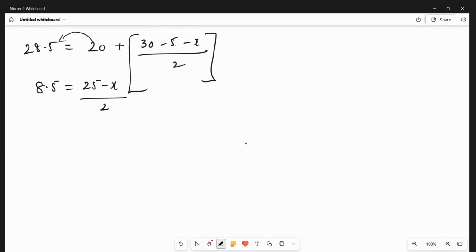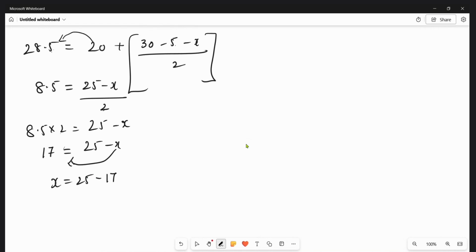The 2 shifts to here. 8.5 into 2 is equal to 25 minus x. 8.5 into 2, 17 you will get. Minus x you shift to this side, 17 to the other side. x is equal to 25 minus 17. So x you will get as 9, no?